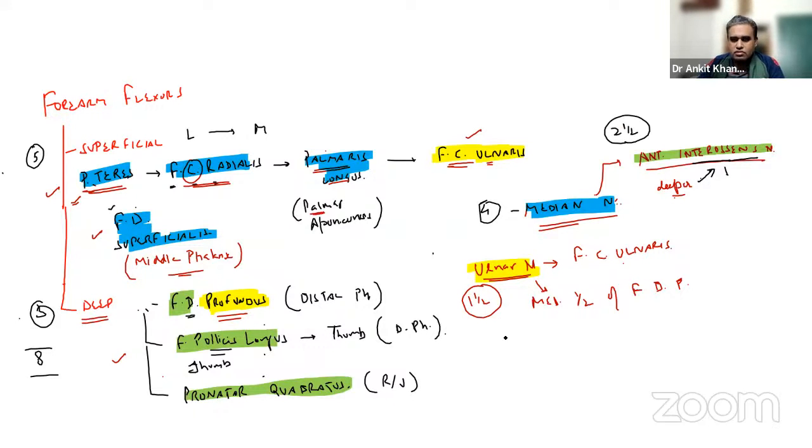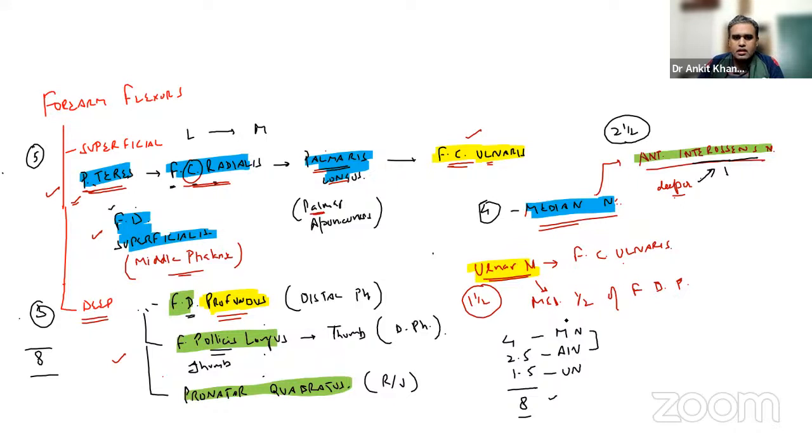Total, if you add 4, 2.5, 1.5, comes around 8. That's it. 4 by the median, 2.5 by AIN, and 1.5 by ulnar. Remember this simply. And these two are the same because AIN is a branch only.